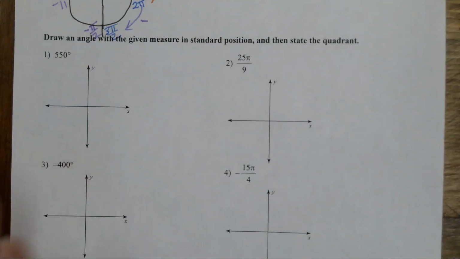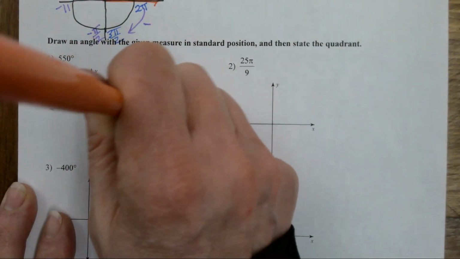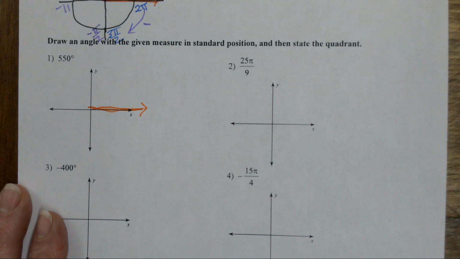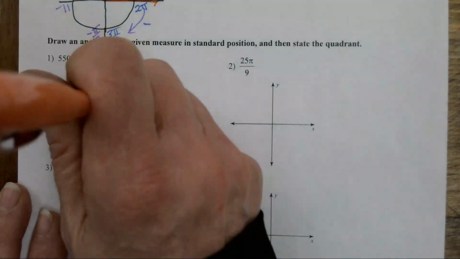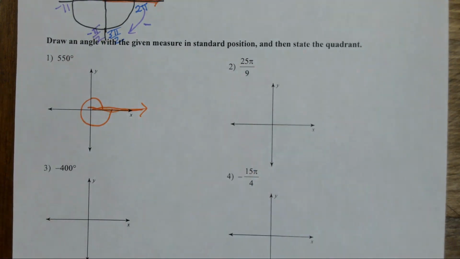So if I want to do 550 degrees, like I said, we're used to 180 degrees or less. But when we draw our angle in standard position, we just kind of keep counting our way through. So when I draw this, one lap puts me at 360 degrees.